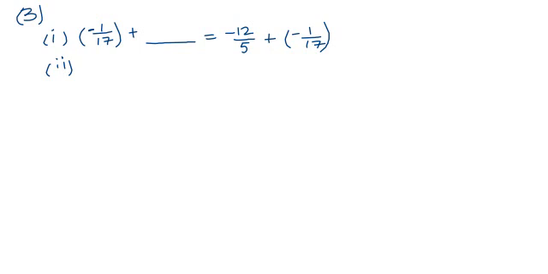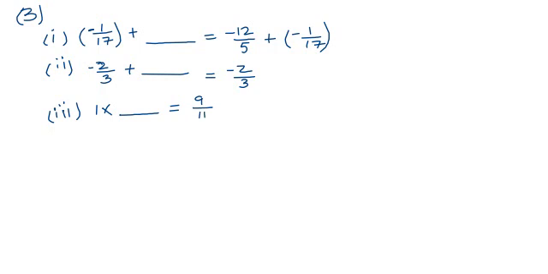Fourth question: minus 12 plus 5 by 6 plus 6 by 7 is equal to minus 12 plus 5 by 6 plus dash.